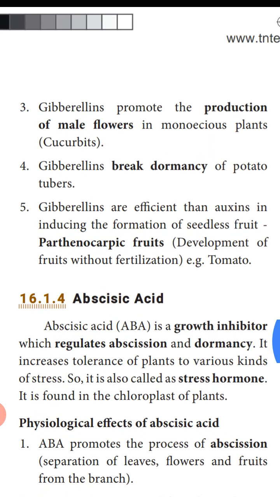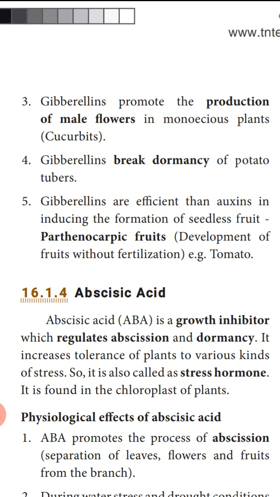Next, it promotes the production of male flowers. Next, it can break the dormancy of potato tubers. And the last point, gibberellins can also produce parthenocarpic fruits. Okay, next we are going to study the next plant hormone.